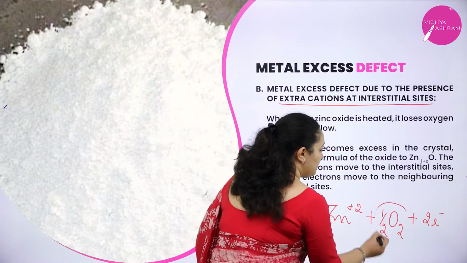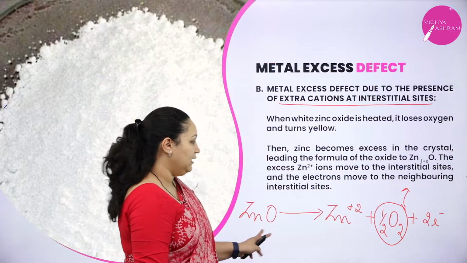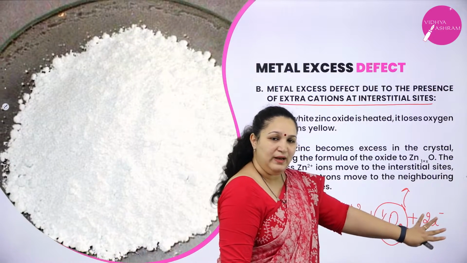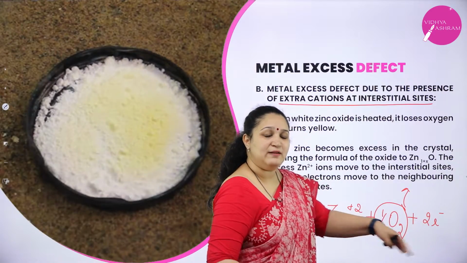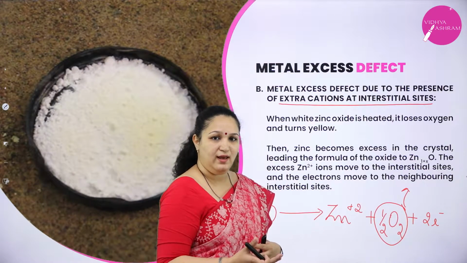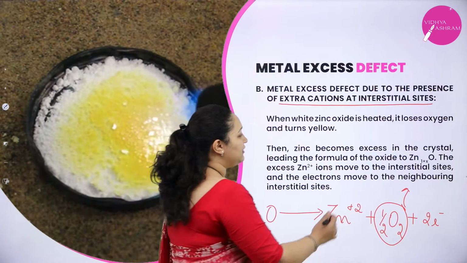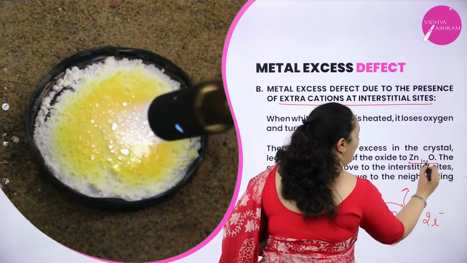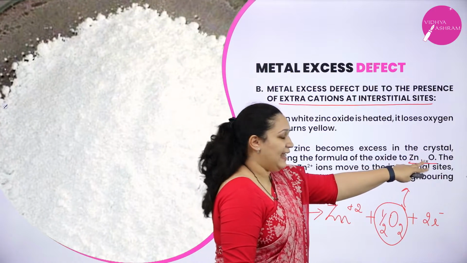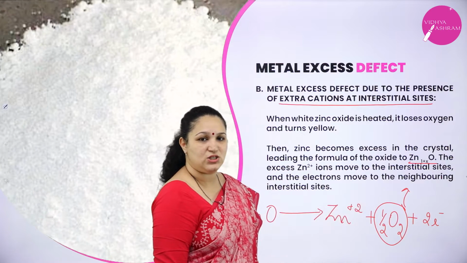The zinc ions and the electrons will remain back, and that becomes excess in number. More excess of zinc ions are there, then the color will change to yellow. So we always write the formula as Zn(1+x)O, where x is the number of extra zinc ions in the interstitial site.